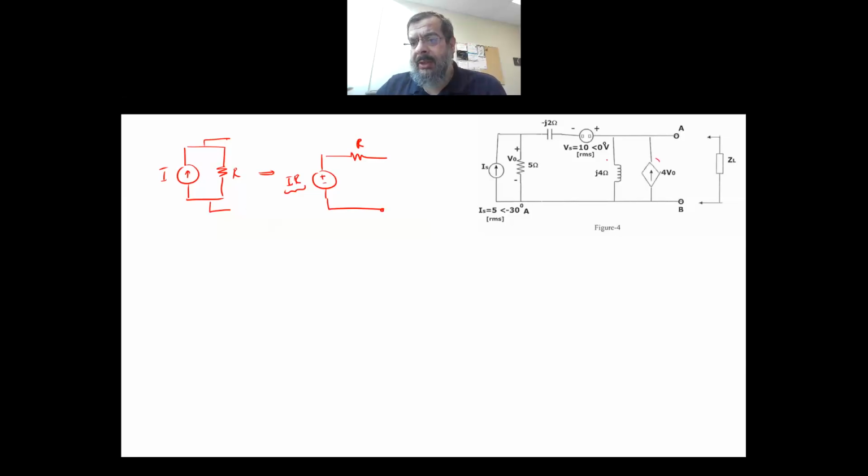And here we have a current source in parallel with an impedance, another current source in parallel with another impedance or resistance. Now, the problem is the source transformation for this part, because here we have the dependent variables.